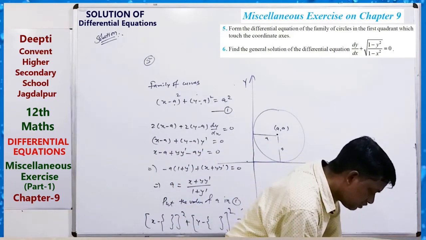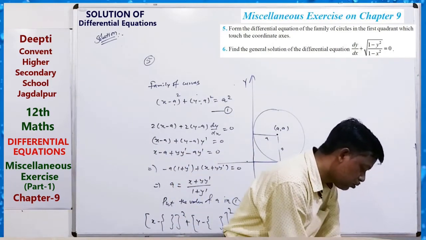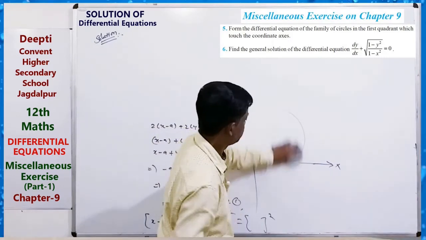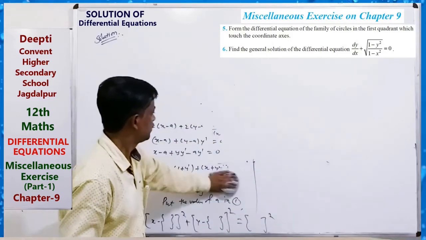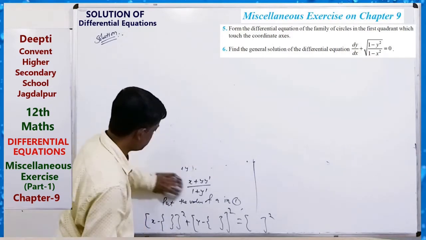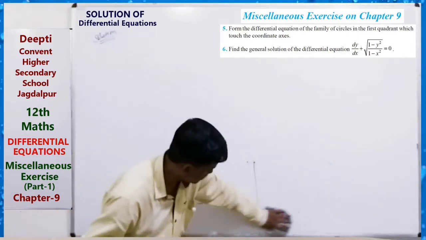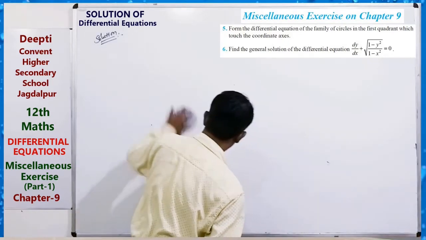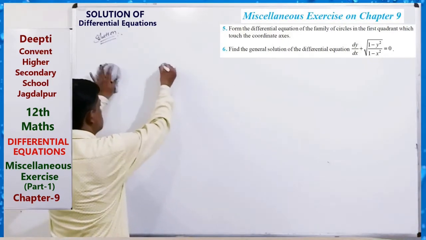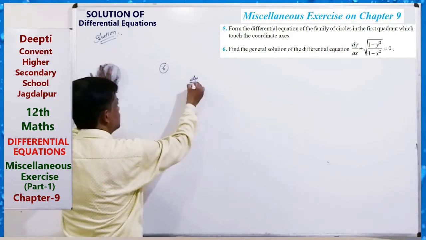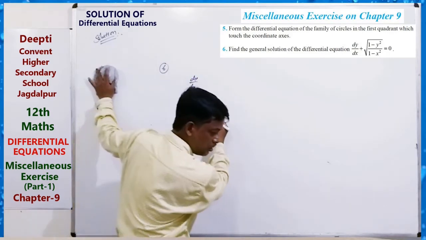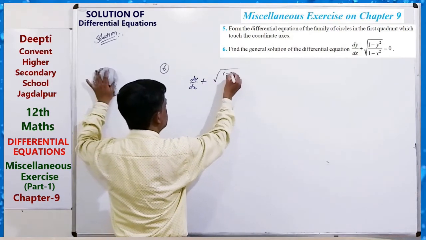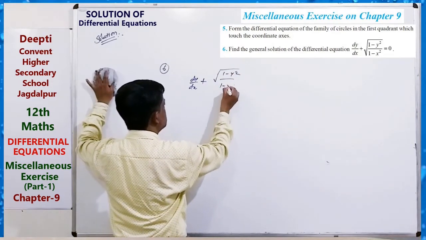Question 6: find the general solution of the differential equation dy by dx equals root of (1 minus y square) upon (1 minus x square).